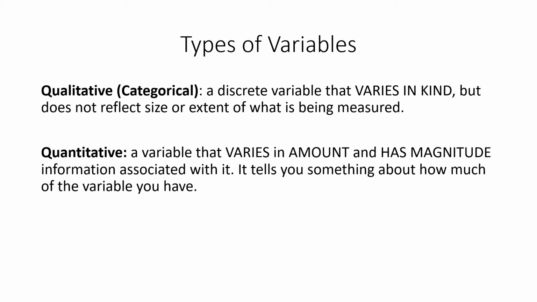These are variables that have a quantity. They tell you how much. Even our pain levels would be quantitative because we're talking about different levels, about quantity, whereas qualitative is talking about categories.